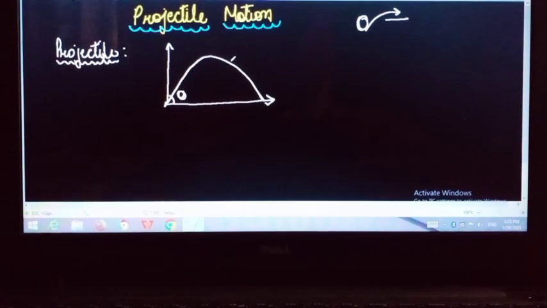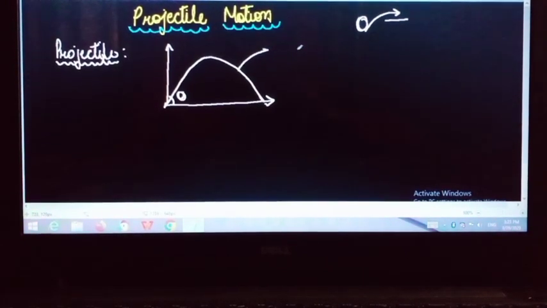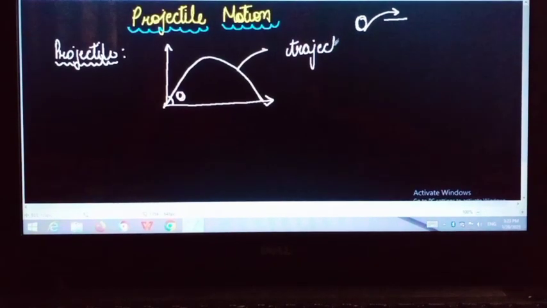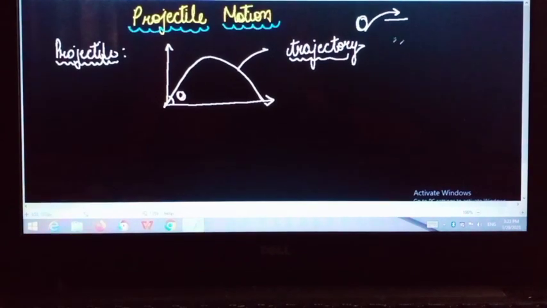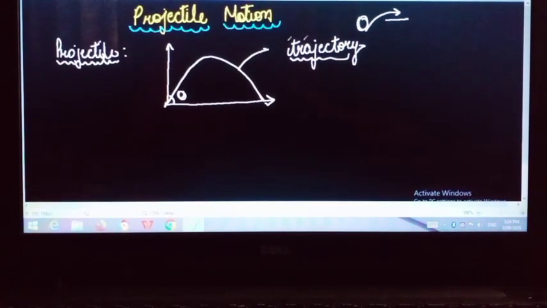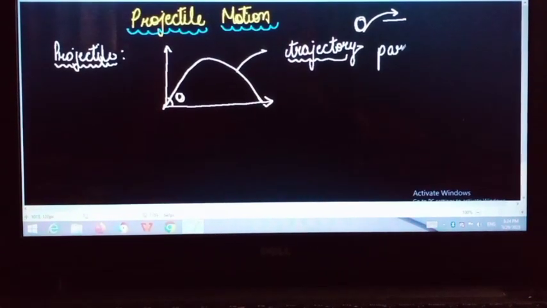The path of the projectile motion is known as the trajectory of the motion. The crux of the matter is that the trajectory of the projectile is parabolic in shape.